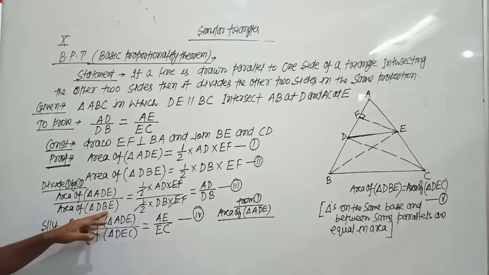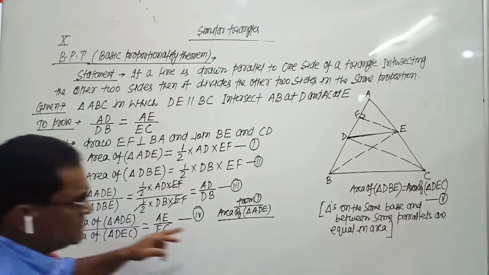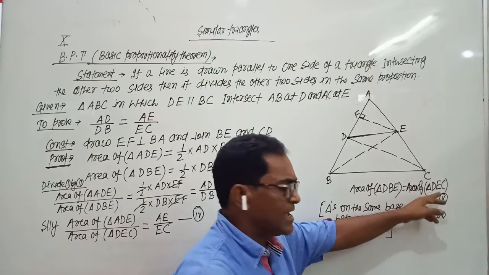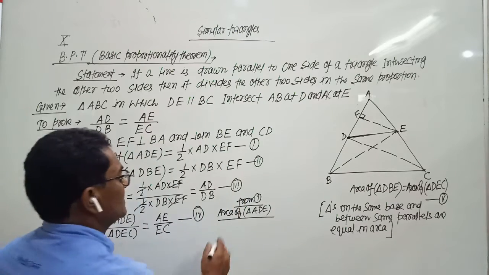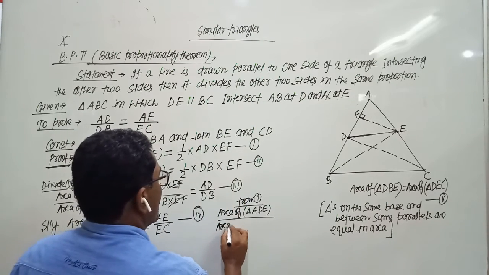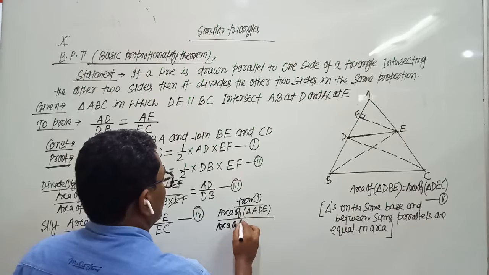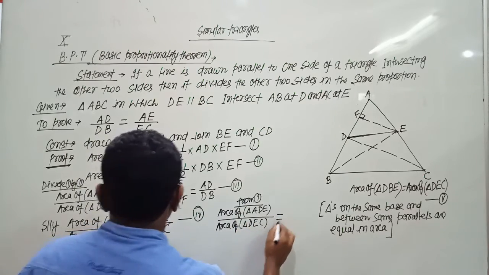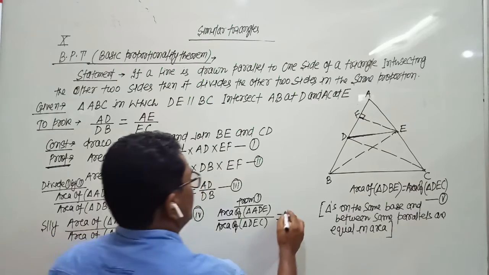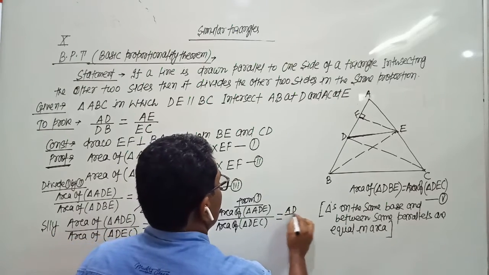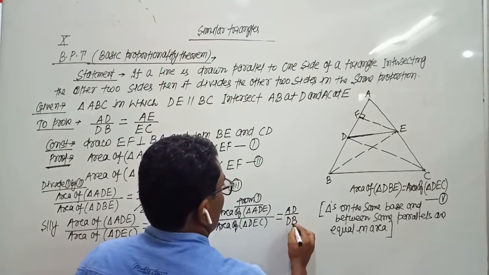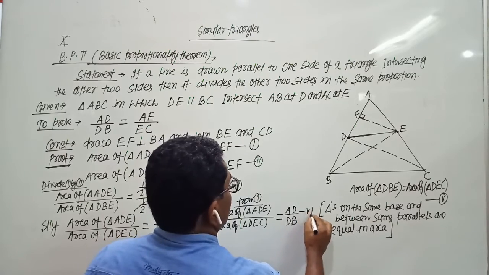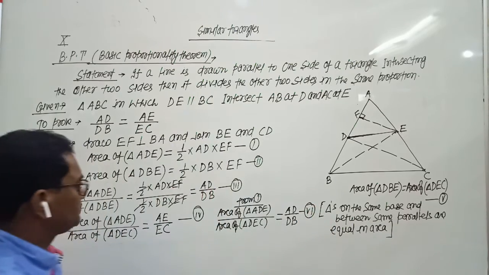So in place of area of triangle DBE, we can write area of triangle DEC. Area of triangle ADE upon area of triangle DEC equals AD upon DB. And name it the sixth equation.